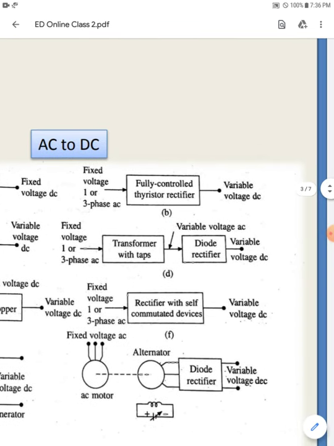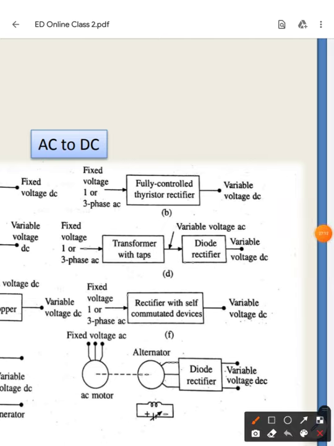So that's why a tap changing transformer is connected to the input AC voltage, and by using this transformer we can get the variable AC output, and when this variable AC output is fed to the diode rectifier, we will get the variable DC source.